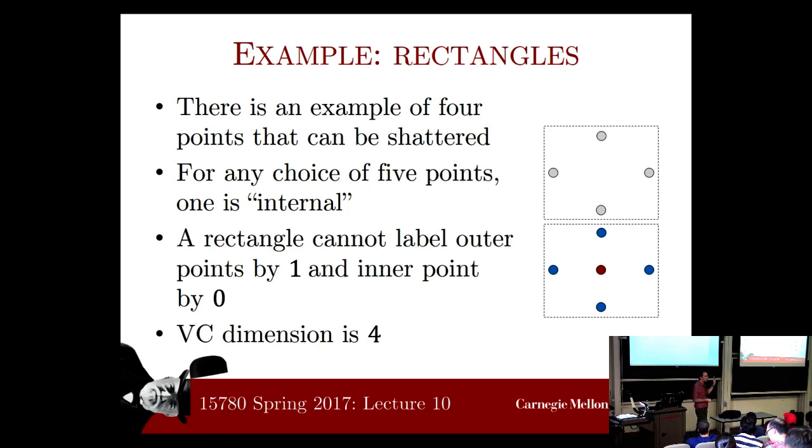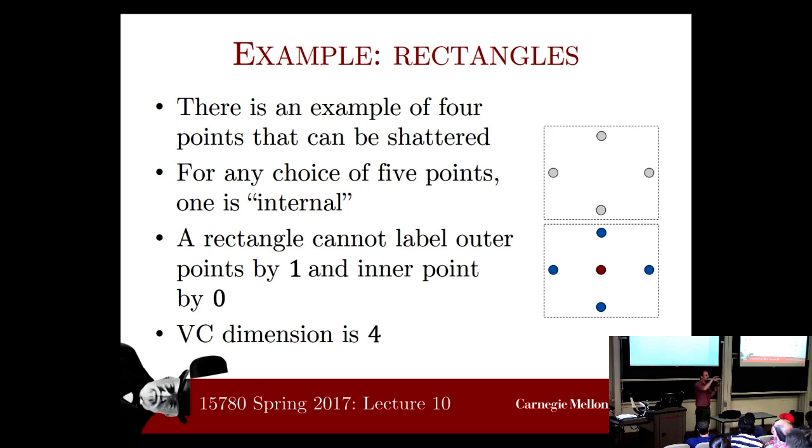On the other hand, and I don't want to be formal about this, but I want to show that the VC dimension is exactly 4. I need to prove an upper bound of 4. That will entail proving that for every 5 points, there's some labeling that can't be achieved by f. And that's true because for every 5 points on the plane, there's one that is internal to the others. It's in the convex hull.